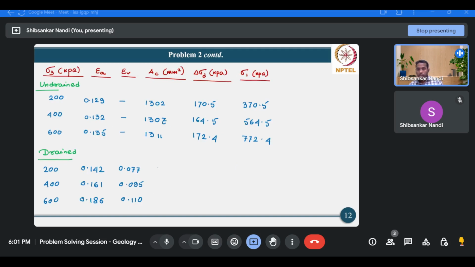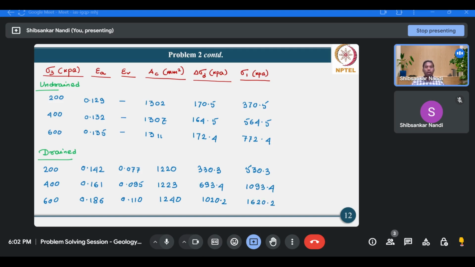Now the corrected areas are 1220, 1220, 1223. Delta sigma d will be 338.3, 693.4, and so on.